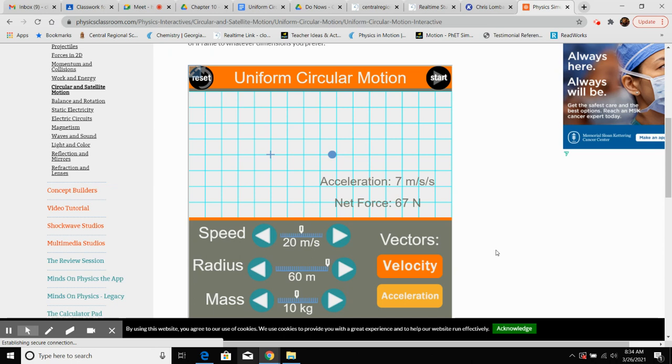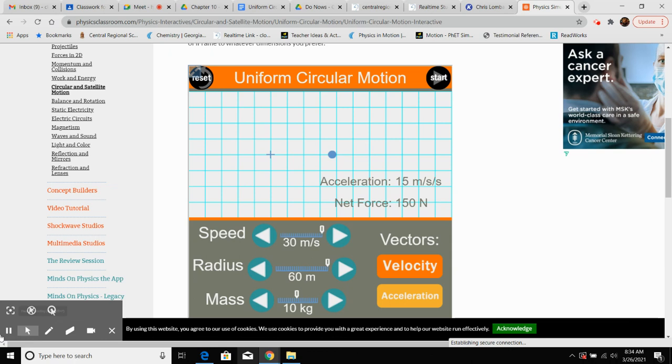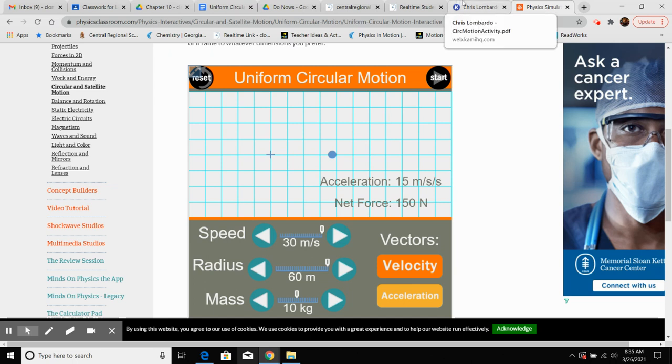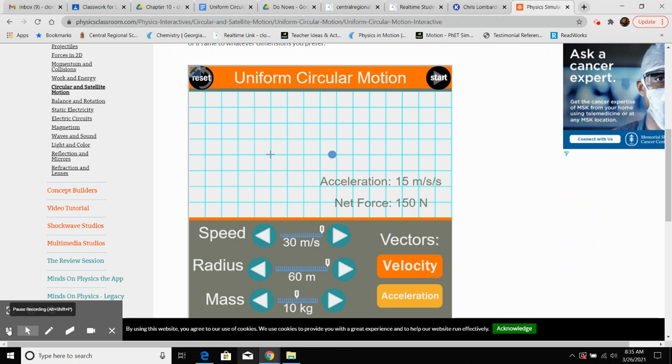So did it also increase by the square, just like the acceleration did? Yeah. What if we tripled it? If we went up to 30, this 150 divided by the original 17 is 8.8 and change, which is approximately 9. So just like the acceleration, centripetal force is increasing by the square. Centripetal force is going to be directly related to the speed, and to the square.